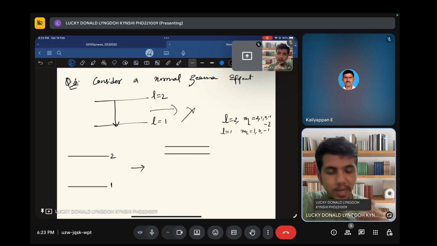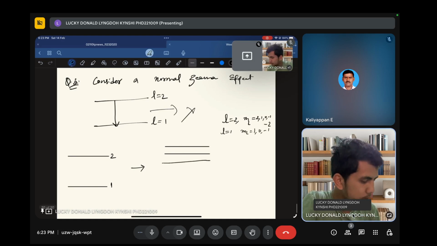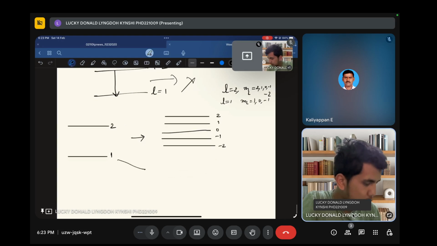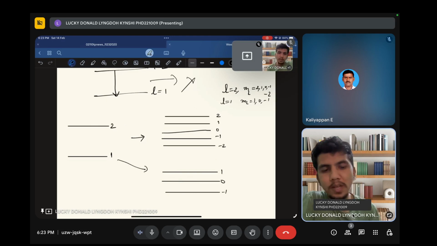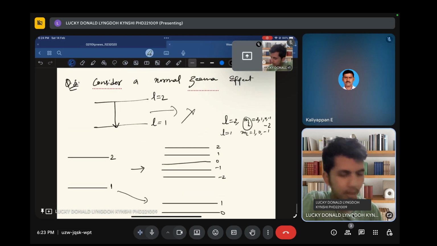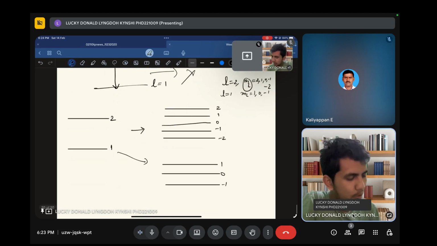So instead of one line, it will now split, because there is also the quantum number ml. A single line now splits into 5 lines for L equal to 2, and for L equal to 1 it splits into 3 lines.